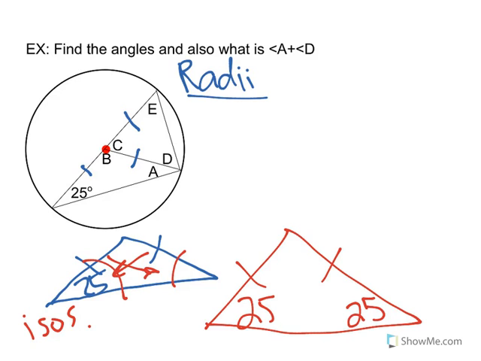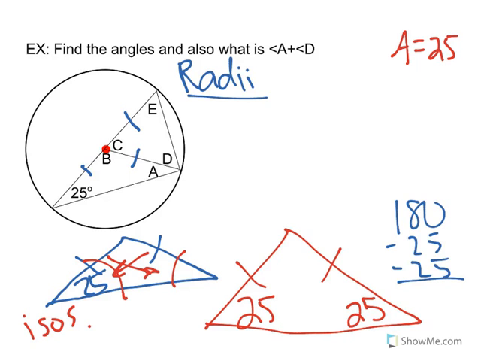So that means that angle A equals 25. To find angle B, you would add your two angles and subtract them both from 180, and that would give you 130. So angle B is 130.